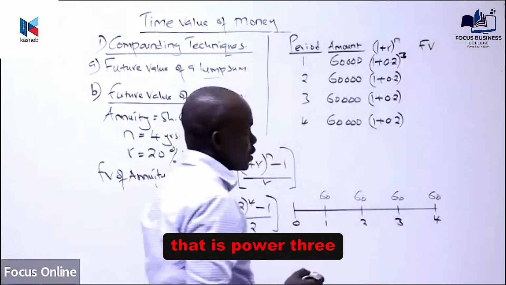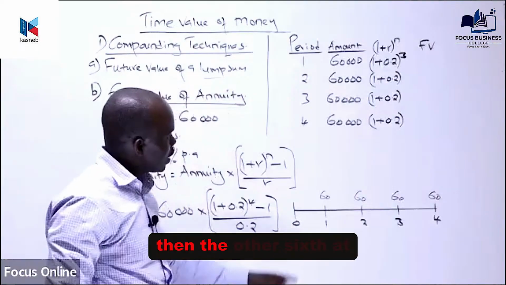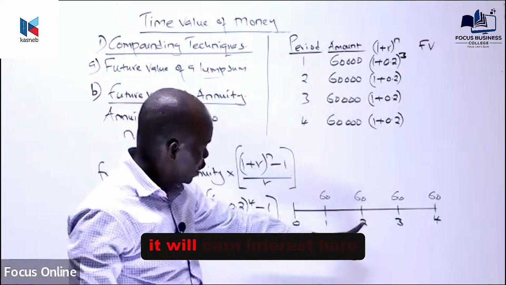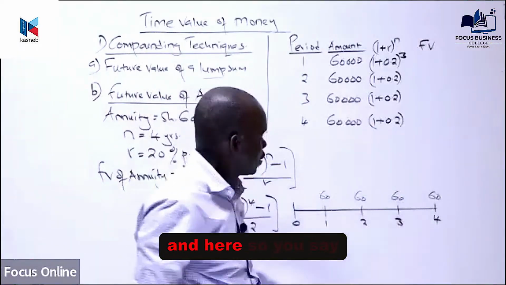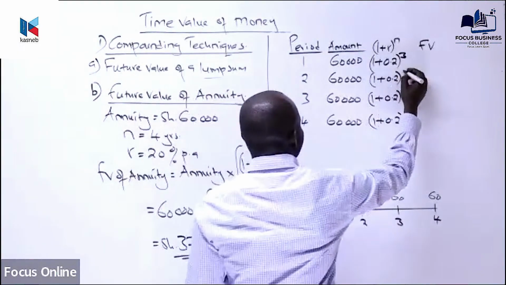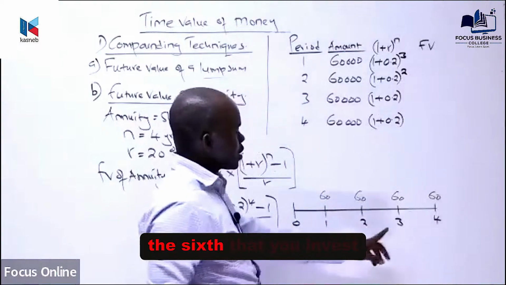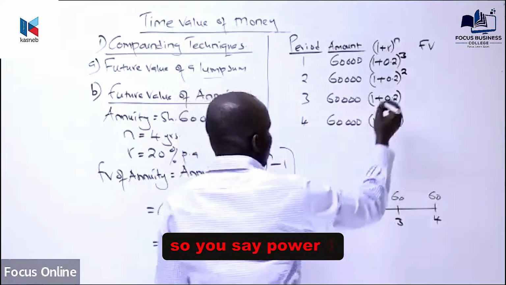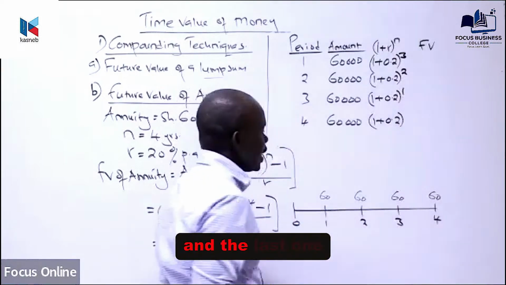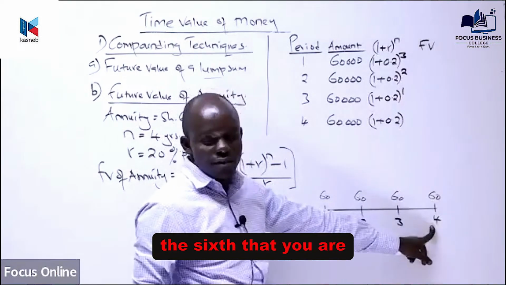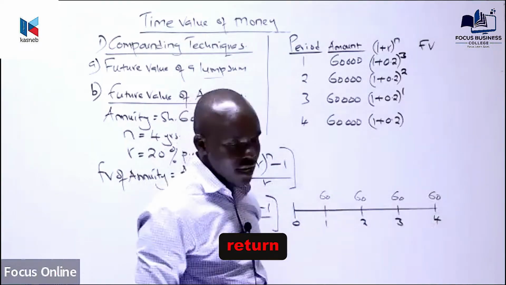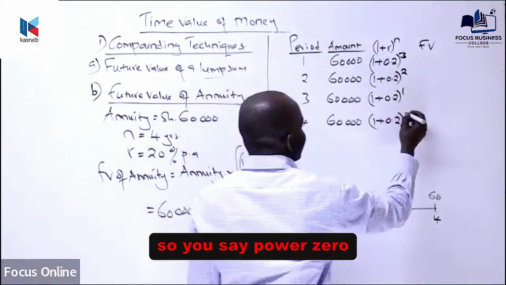The other 60 at the end of year 2 will earn interest here and here, so you say power 2. The 60 that you invest at the end of year 3 will earn interest once, so you say power 1. And the last one, the 60 that you are investing at the end of year 4, will have earned no return, so you say power 0.